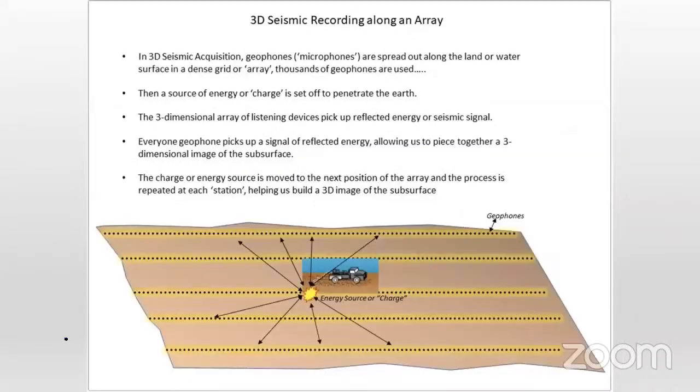But for 3D, they have different lines, and they send a sound, and after that they receive the reflections with different geophones in different parts of the area, and after that they interpret that, and they can give you the type of faults, surfaces, which horizons are affected by faults, which of them are not affected. So they have more data than 2D seismic data.